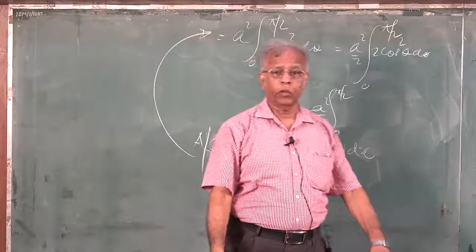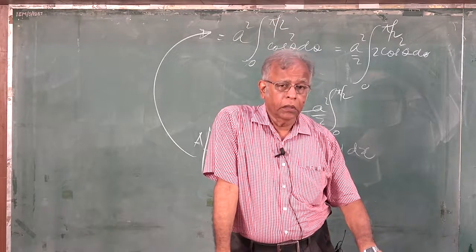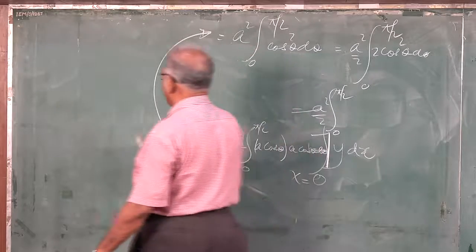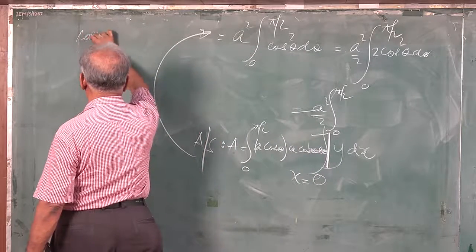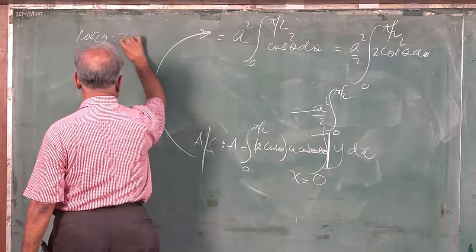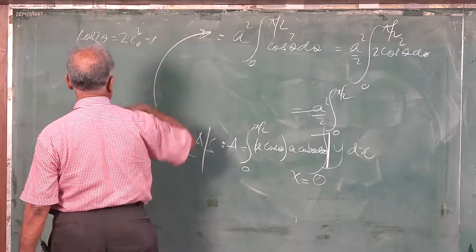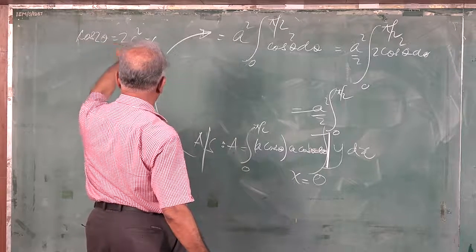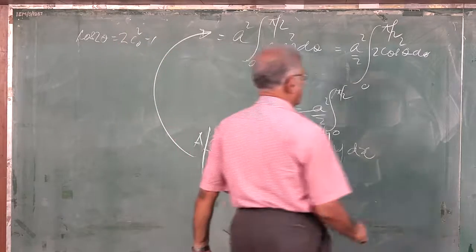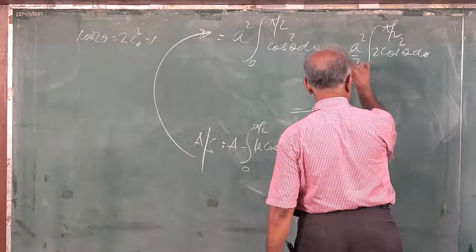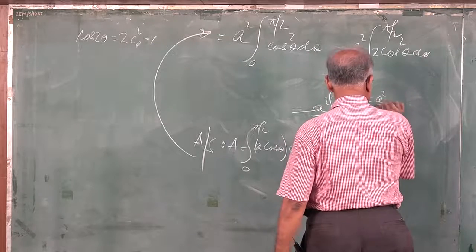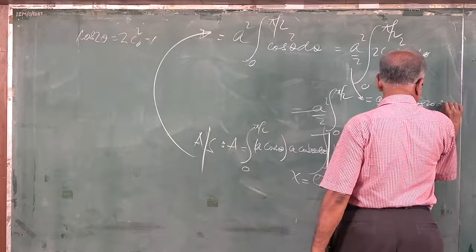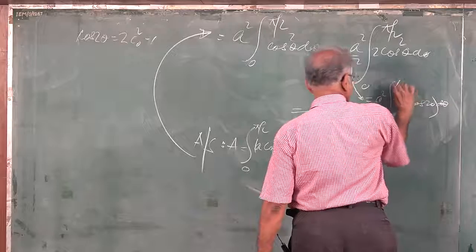2 cos squared theta we know is 1 plus cos 2 theta, because cos 2 theta is 2 cos squared theta minus 1. So 2 cos squared theta is 1 plus cos 2 theta. We write this as a squared by 2 times the integral of 1 plus cos 2 theta d theta from 0 to pi by 2.